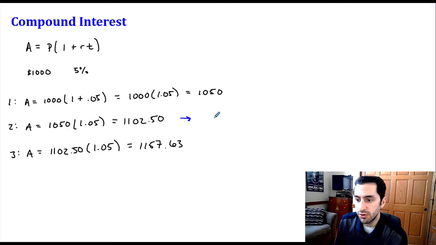So in year 2, the $1,050, we got that from multiplying 1,000 times 1.05, and then to calculate my future value in year 2, we multiplied by 1.05 a second time. So another way I could write that is 1,000 times 1.05 to the second power.